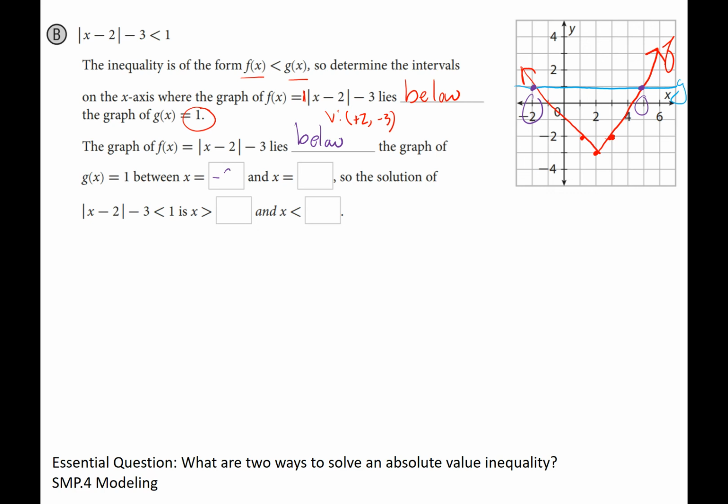So between x equals -2 and x equals 6. Let's see, I did something wrong. Up 1 over 1, up 1 over 1, up 1 over 1. Oh yeah, my v is way off. Let me fix my v.